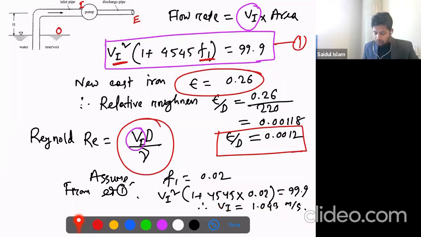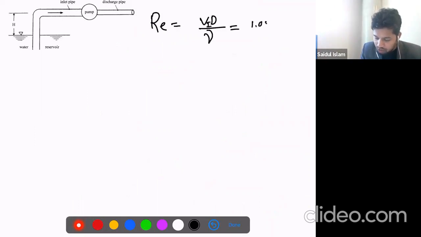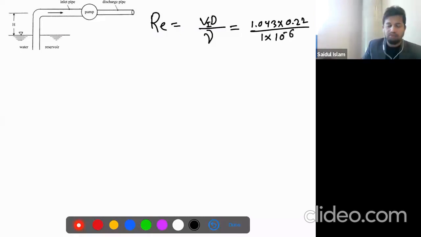So now you have the velocity, so you can now calculate the Reynolds number, isn't it? Then the Reynolds number will be V d over nu. It is called nu, Greek symbol. So V, that means Vi, is 1.043, diameter is 0.22, and for 20 degrees centigrade temperature, the kinematic viscosity is 1.0 times 10 to the power minus 6.